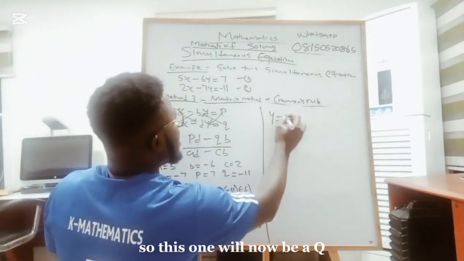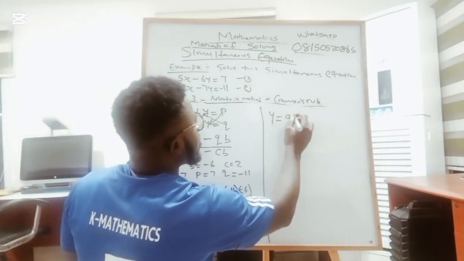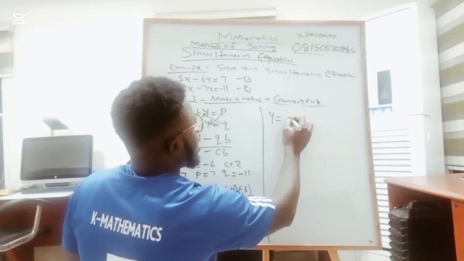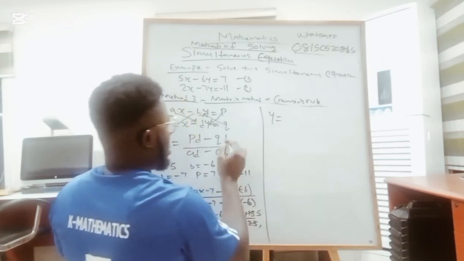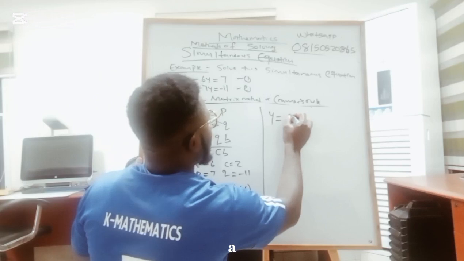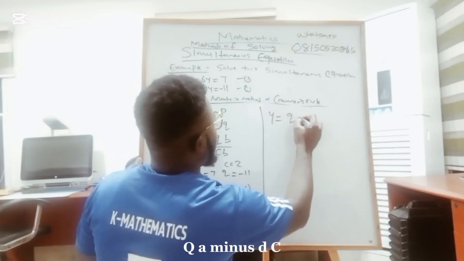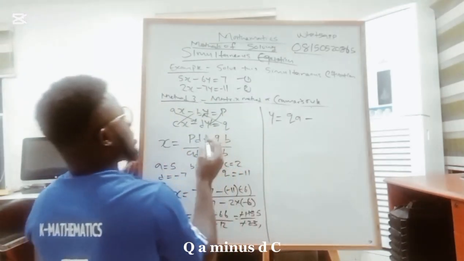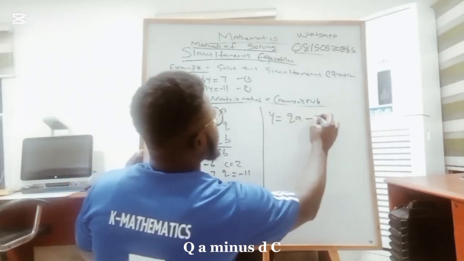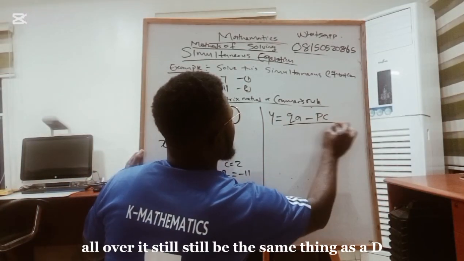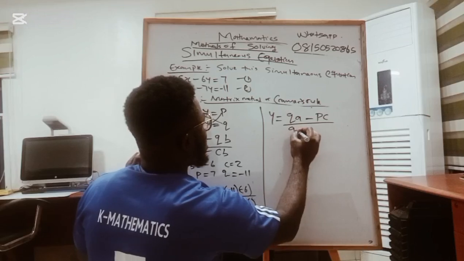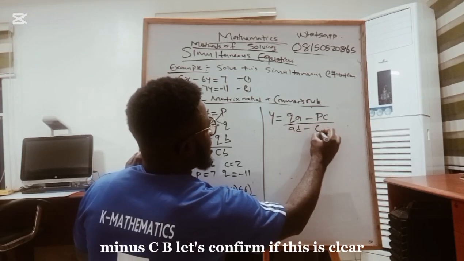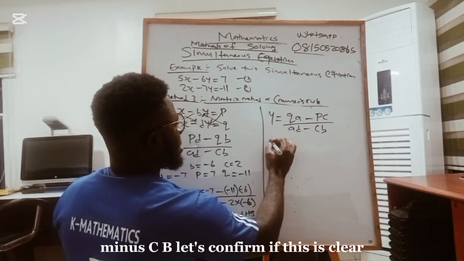So this one will now be aq, a times q, or you call it qa, q multiplied by a, qa minus pc, all over the same thing as ad minus cb.